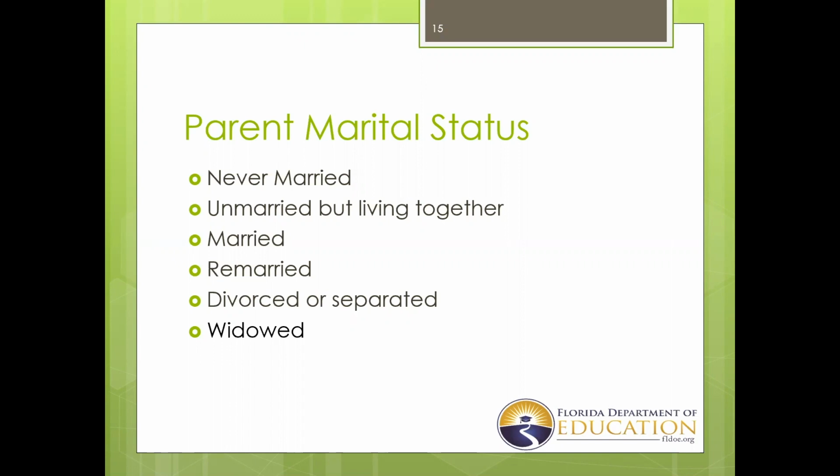Are they unmarried but living together, married, remarried, which means it could be that your biological mom and dad have since divorced and you're living with your mom and your mom is now remarried to your stepfather. They would be choosing the remarried status, and then they would have to put in the month and date of their remarriage. If the parent that you're living with is divorced or separated, or if either parent is widowed.